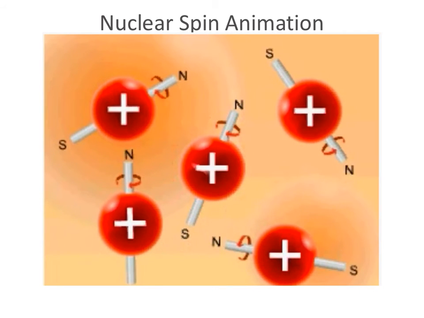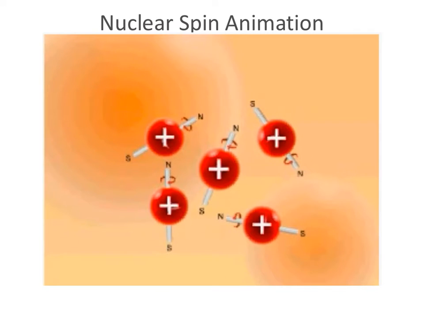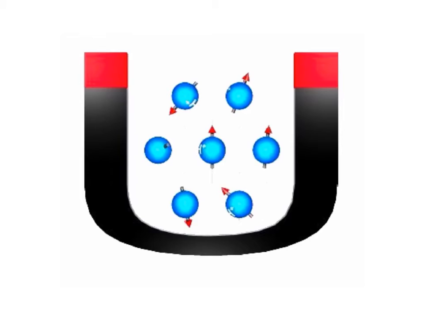Now, in any given sample, the nuclei are spinning in random orientations. However, when you expose these nuclei to an external magnetic field, they will align either with the field or against the field. So notice that the direction of these vary. Some are with the field and some are against the field.